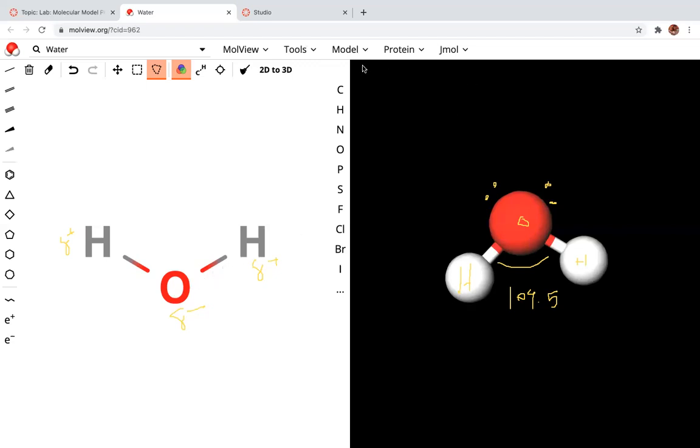So now we're going to find if it's polar with its molecular polarity. To calculate the molecular polarity, we have to look at each end of the molecule as a whole.